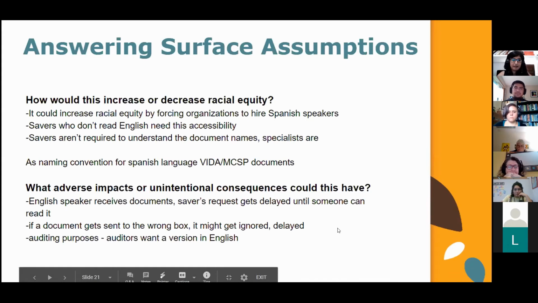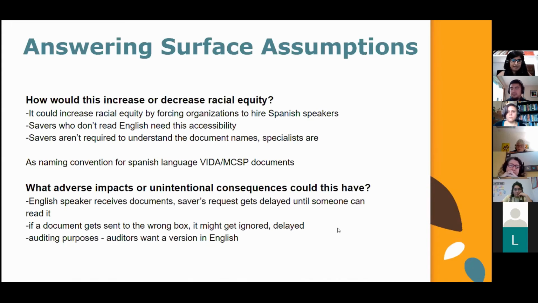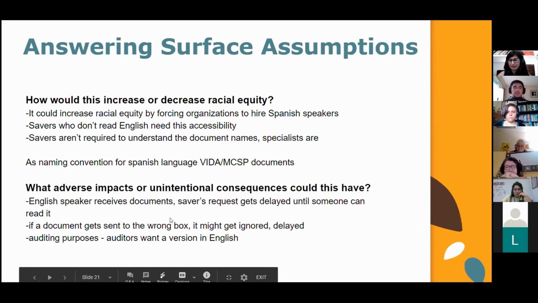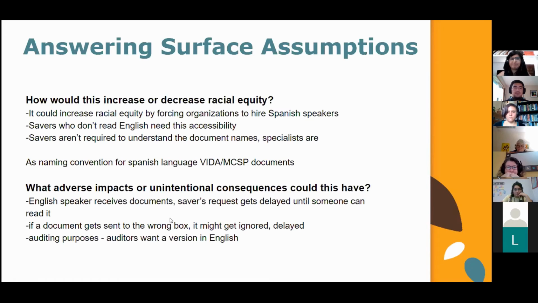It could also have an effect, potentially if things are going to be audited, on the way institutions interact with us. Also, we would have to have an English version available for them too. So these are some of the responses we came up with for surface assumptions for either naming the forms fully in Spanish or starting with English and then Spanish.